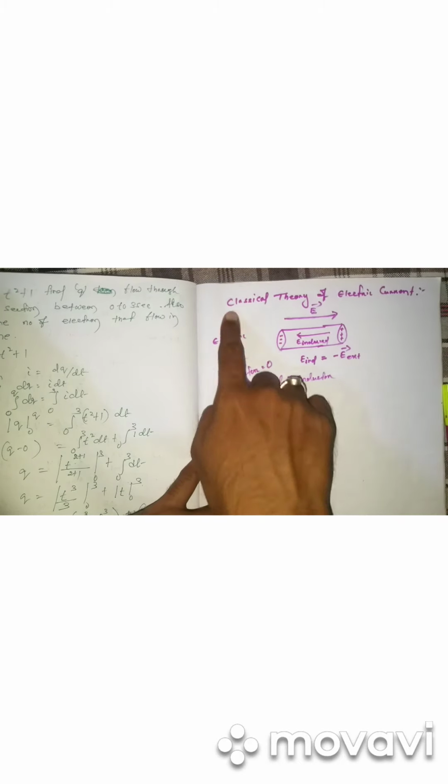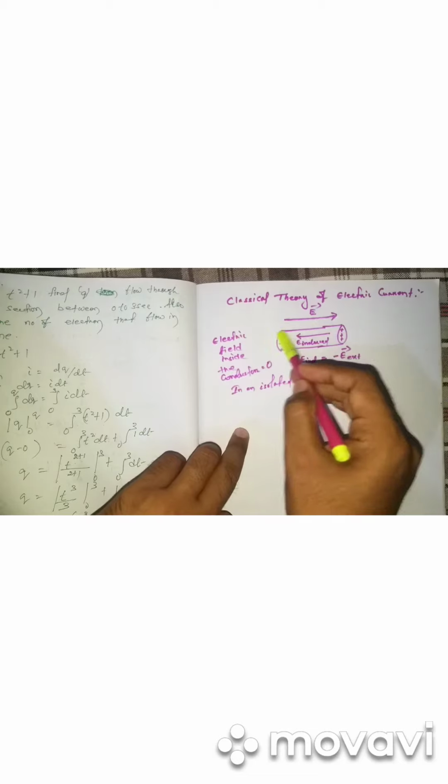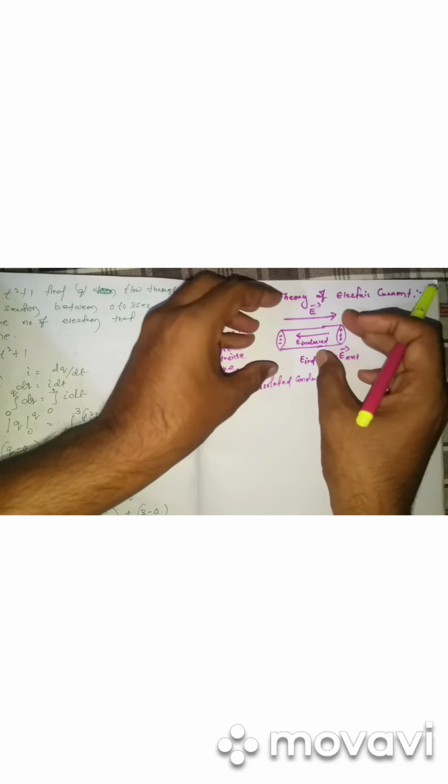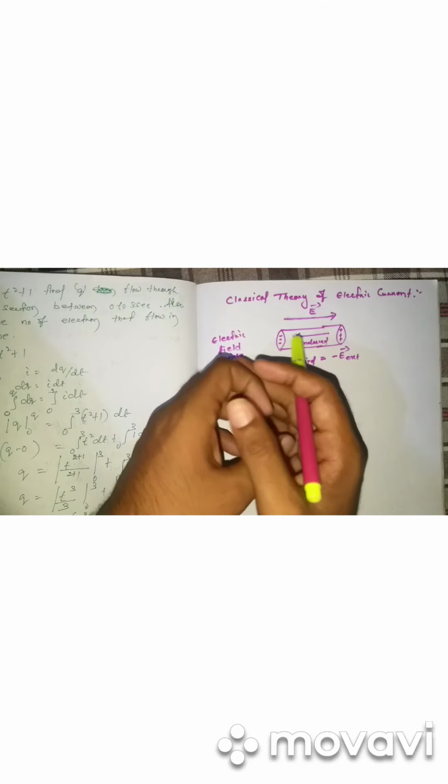Now in classical theory of electric current, assume a conductor that contains a number of free electrons.